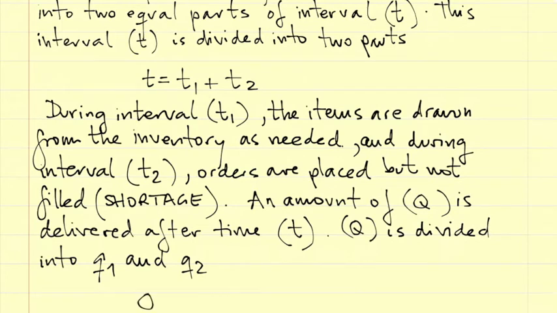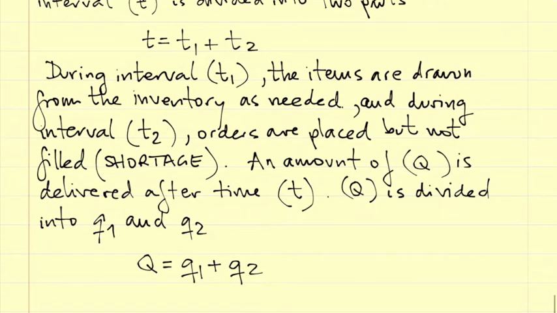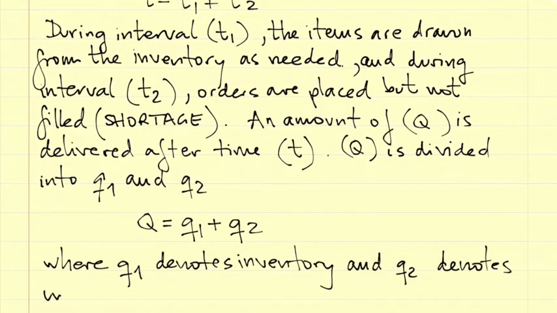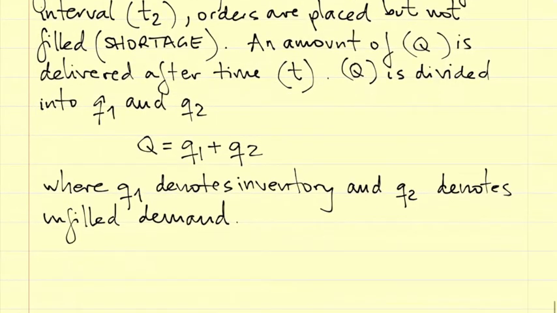So Q equals Q1 plus Q2, where Q1 denotes inventory and Q2 denotes unfilled demand. Okay, so far, can you follow?